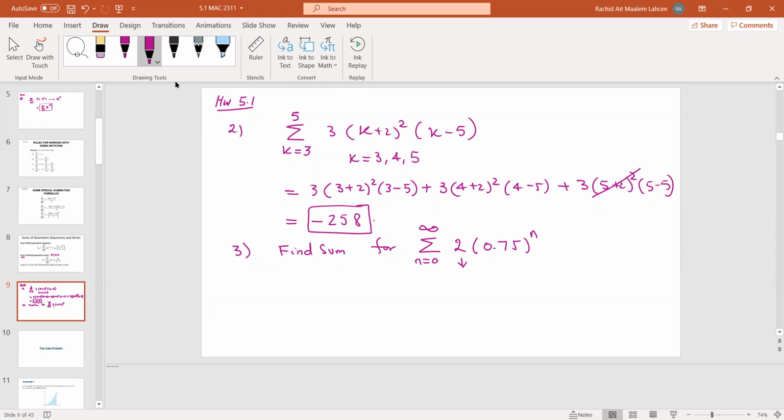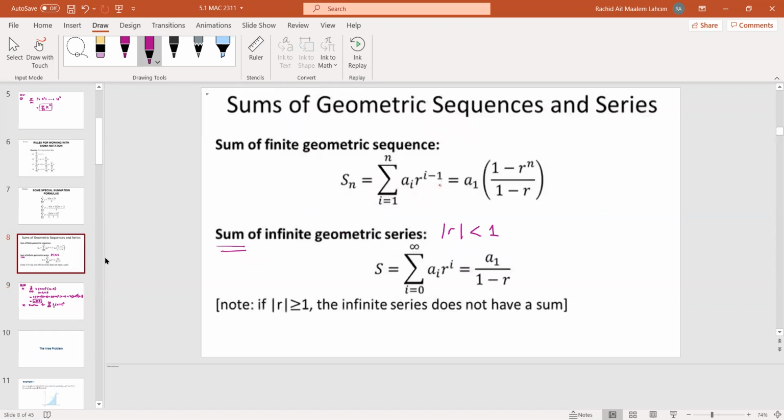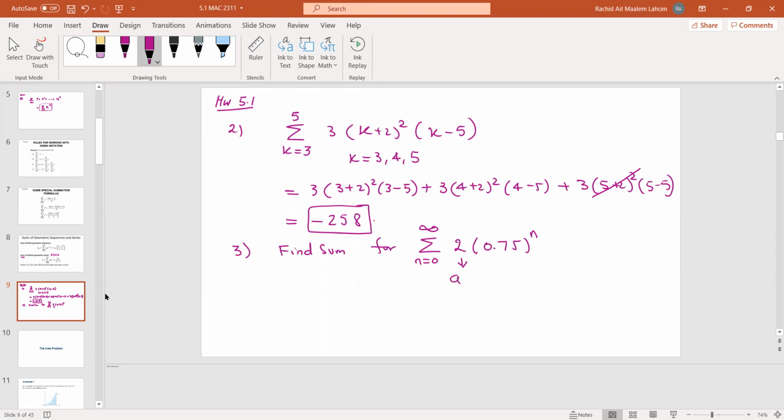So in this case, you see that's the form that we have. A1 is 2 and r is 0.75. And so we have the absolute value of this r is less than 1. So there is a sum here.